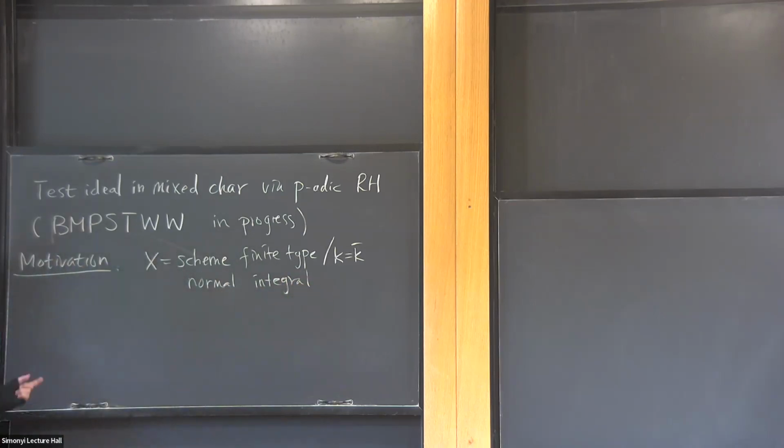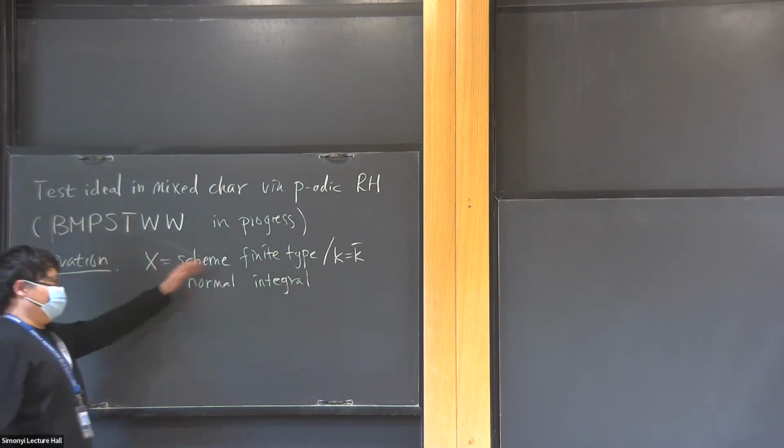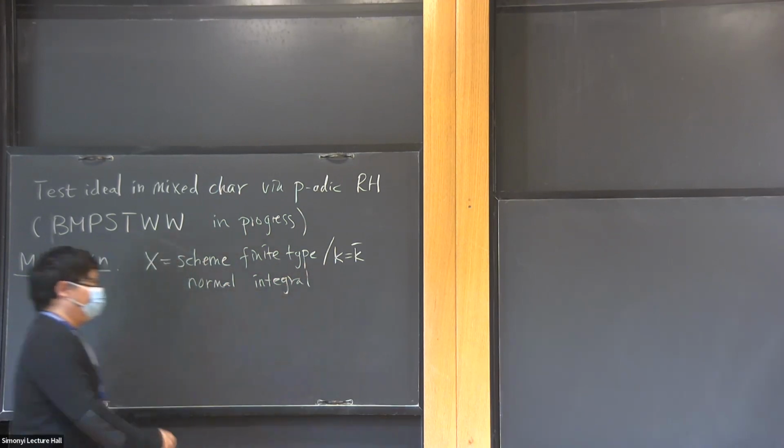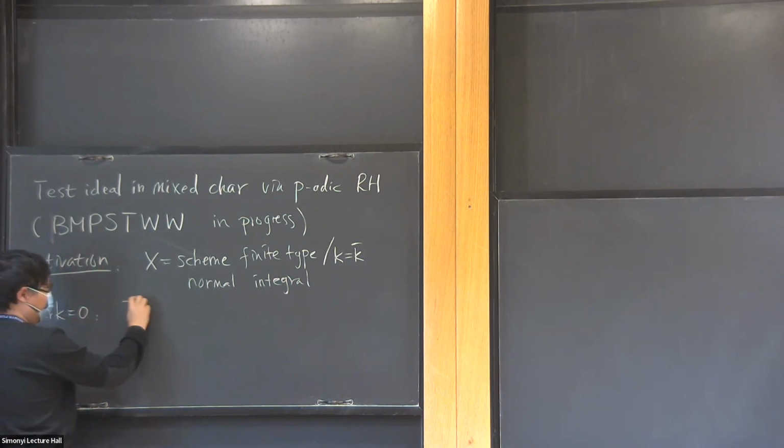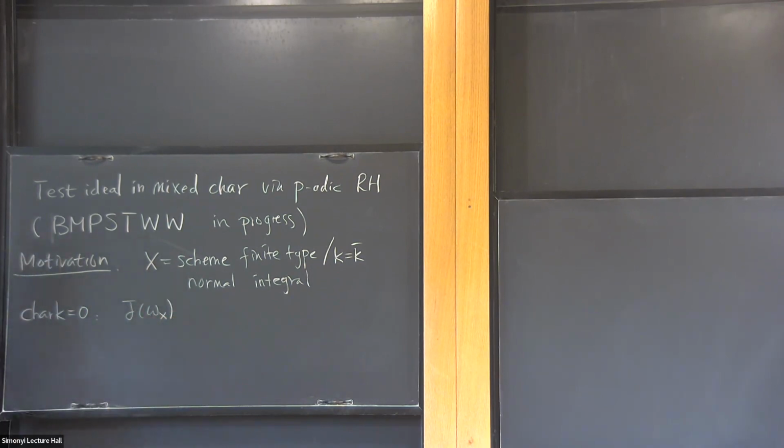Classically, in this equal characteristic setup, if the characteristic is 0, we have the so-called multiplier ideal. Let me define this J of omega X. Omega X is the canonical sheaf.